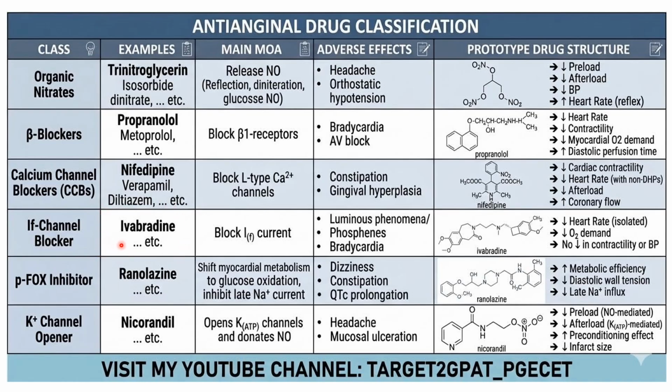We have seen this even in our anti-anginals, and previous antiarrhythmics also, the ivabradine group. They act on this funny current pacemaker, and this is generally given in case of patients who cannot tolerate the beta blockers.